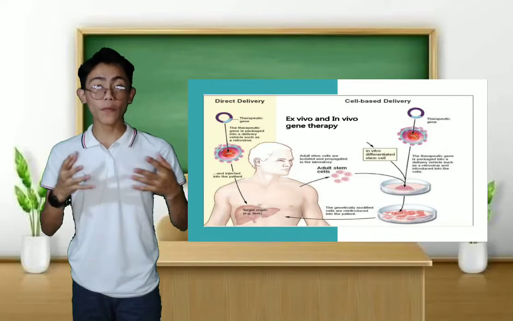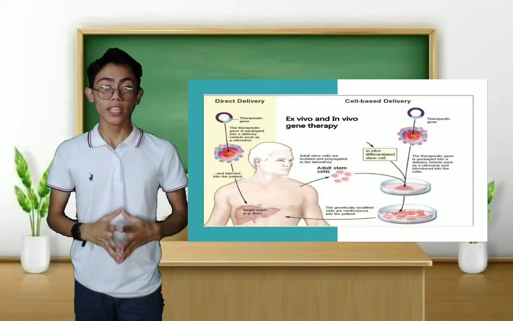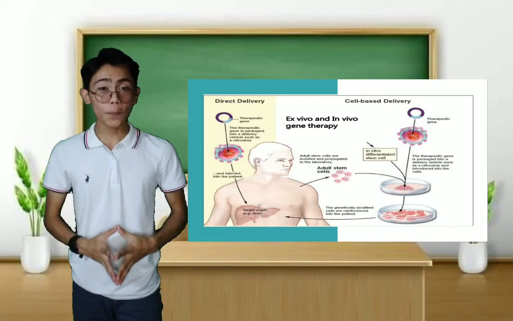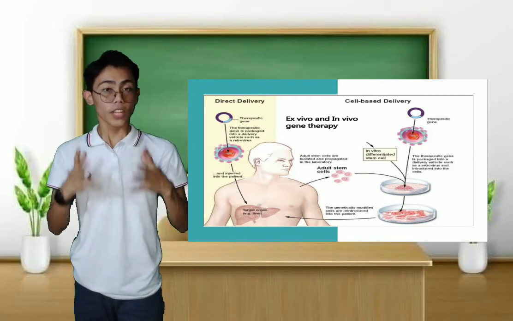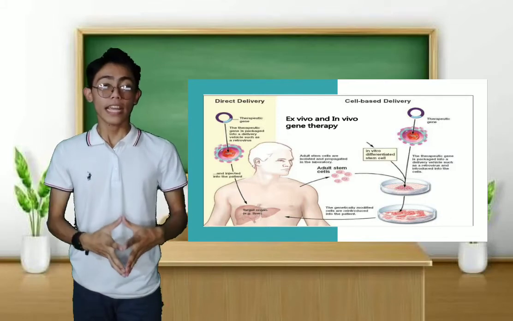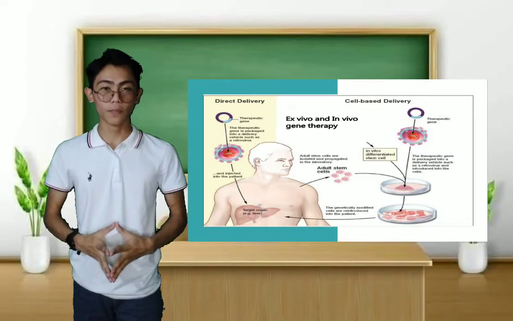Now, once the therapeutic gene is covered, it is ready to be injected into the patient. An example of it is liver cancer. Now, once this therapeutic gene is delivered, its target is the liver cancer cells of the patient.